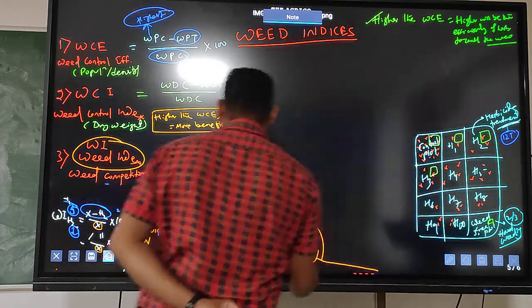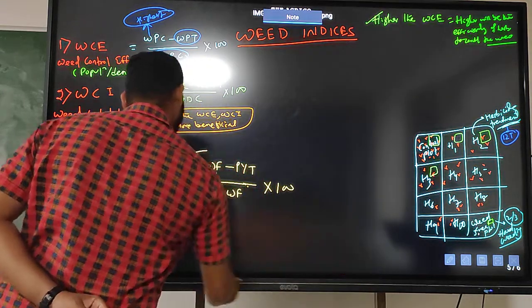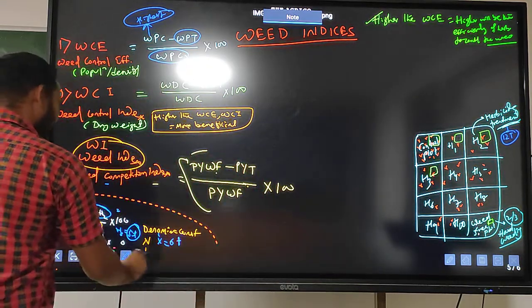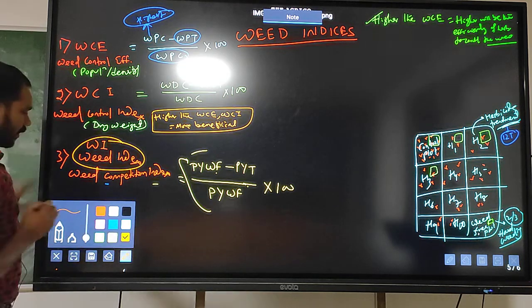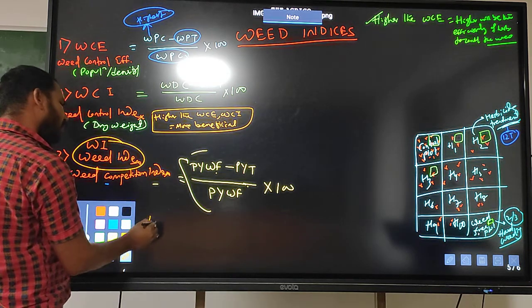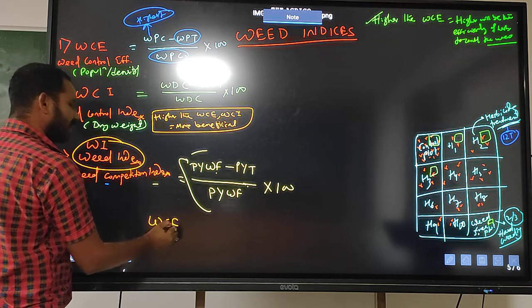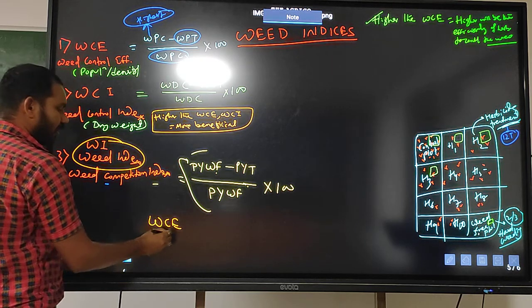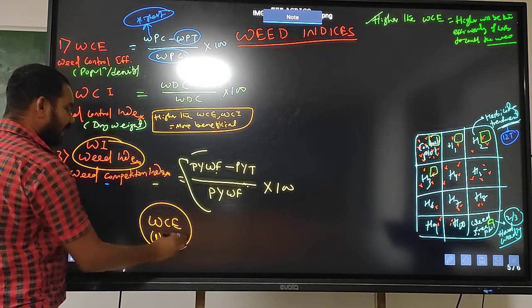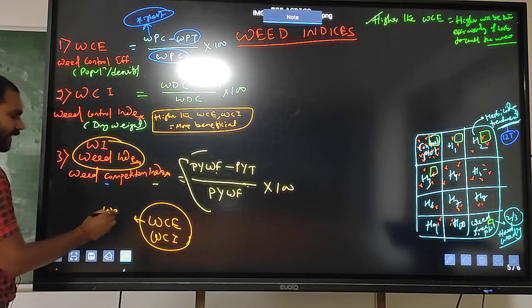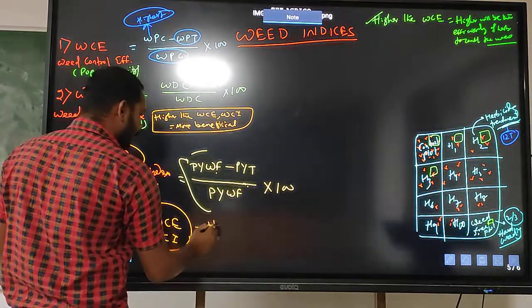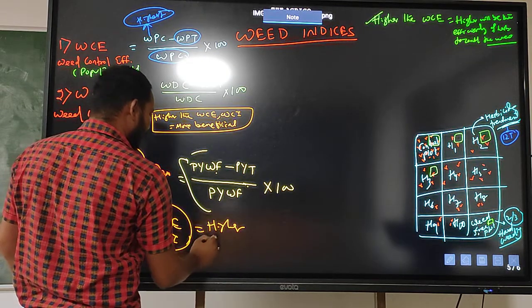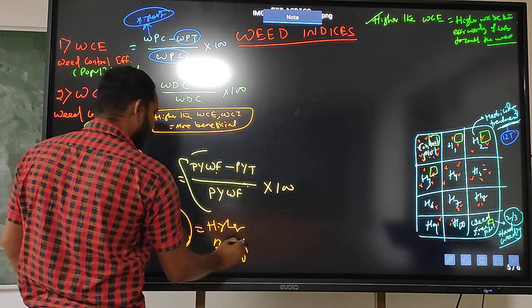For exam perspective, remember weed control efficiency and weed control index. These are based on weed data. The higher the value, the more beneficial it is.